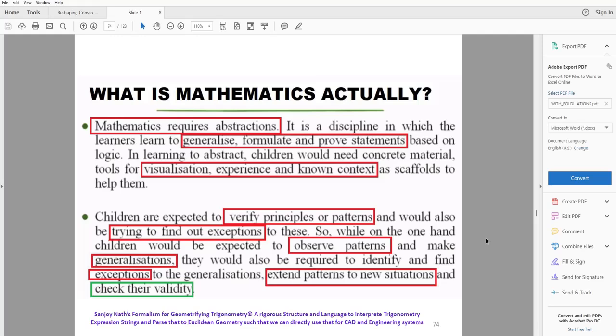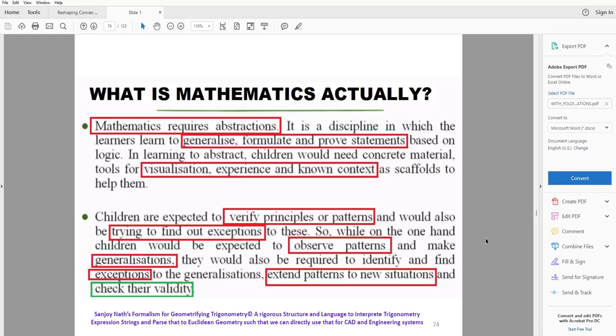Children are expected to verify principles of the patterns and would also be trying to find out exceptions to these. Children would be expected to observe patterns and make generalizations, and they would also be required to identify the exceptions to the generalizations, extend patterns to new situations and check their validity.